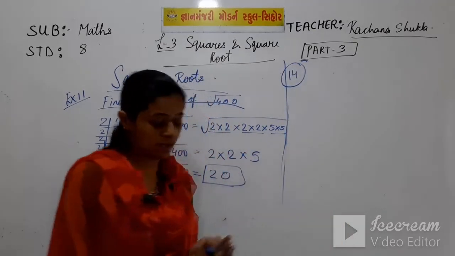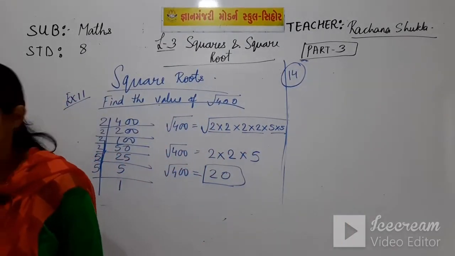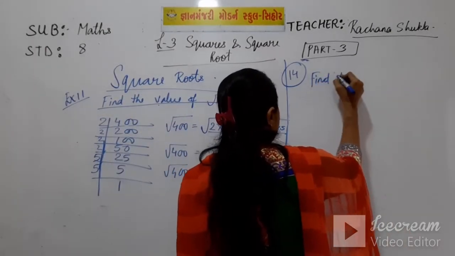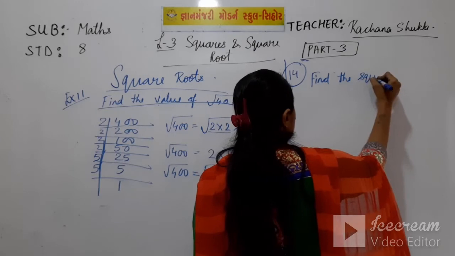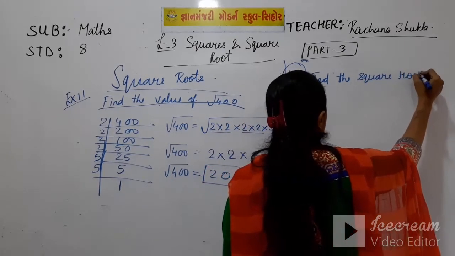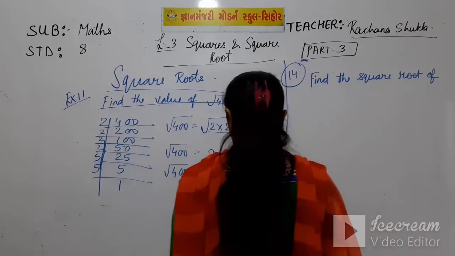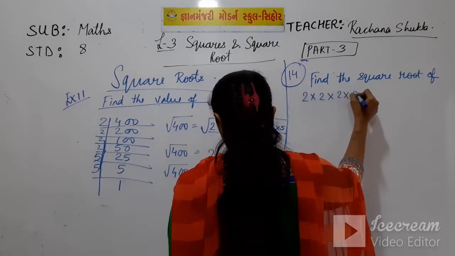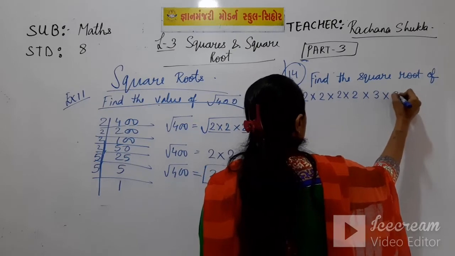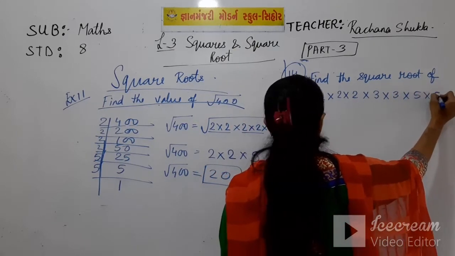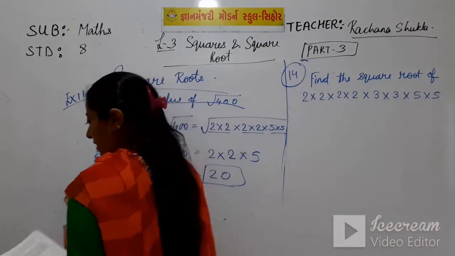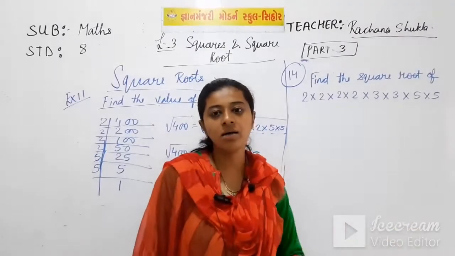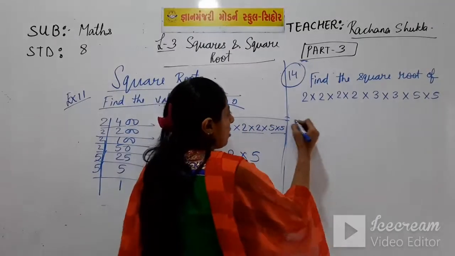Example 14, and the question is: find the square root of 2 into 2 into 2 into 2 into 3 into 3 into 5 into 5. So you have to find out the square root. Directly the prime factors are given. So write down like this way.